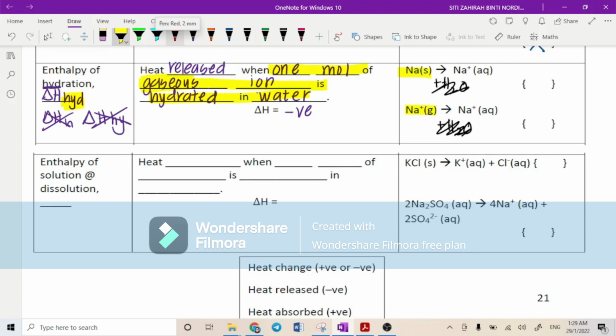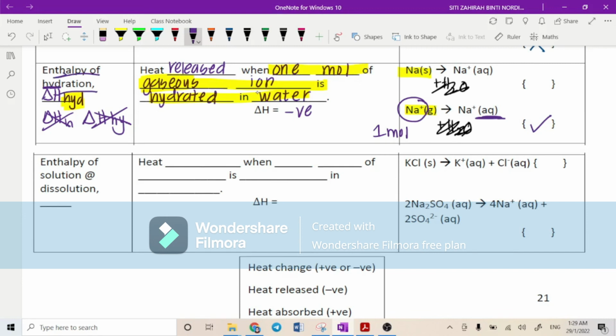The correct example would be the bottom one, because 1 mole of gaseous ion is hydrated in water. So the product should have the same formula Na+, but the phase would be changed into aqueous. So whenever I see that you have the end product of aqueous in the form of gaseous ion, then you must have written the thermochemical equation for enthalpy of hydration.